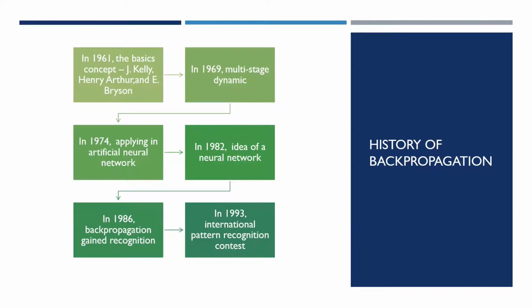History of backpropagation. In 1961, the basic concepts of continuous backpropagation were derived in the context of control theory by J. Kelly, Henry Arthur, and E. Bryson. In 1969, Bryson and Ho gave a multi-stage dynamic system optimization method.